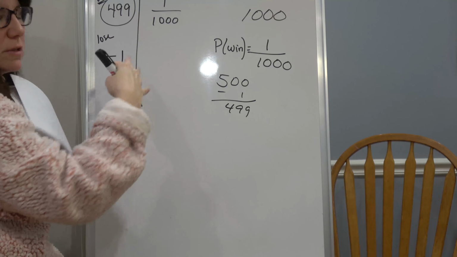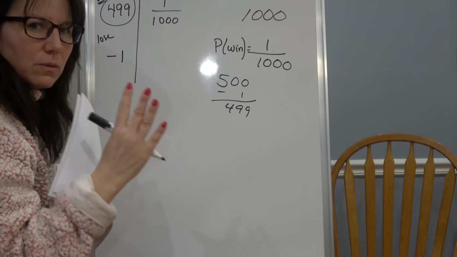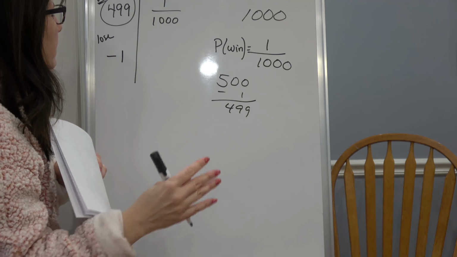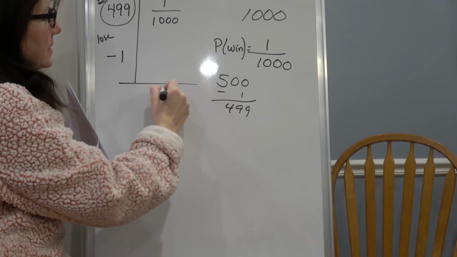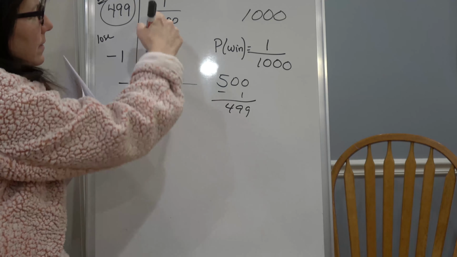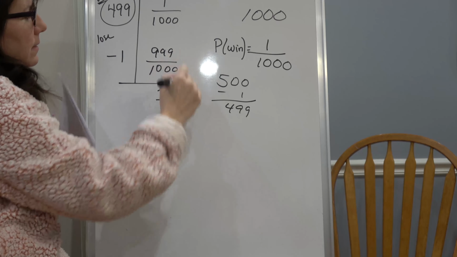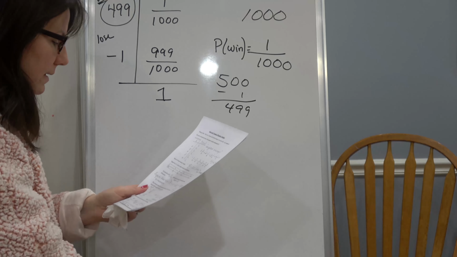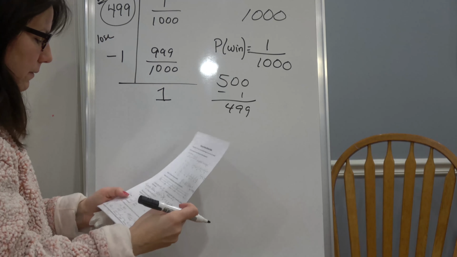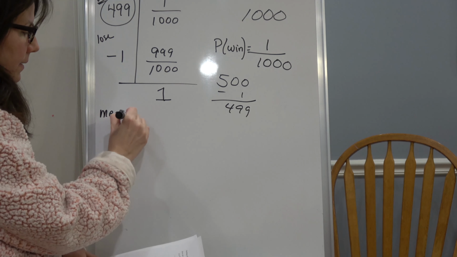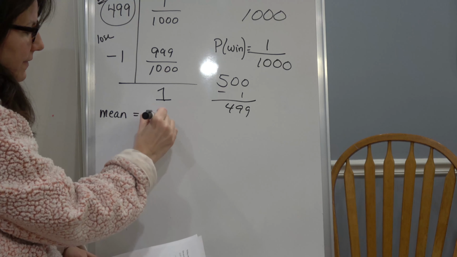And sometimes we have multiple ways of winning. We just have the one basic way right there. But the probability of losing, since this has to have a sum of 1, would have to be 999 over 1,000. Okay. So when we calculate the expected value here, we're basically just finding the mean, which is equal to the expected value.